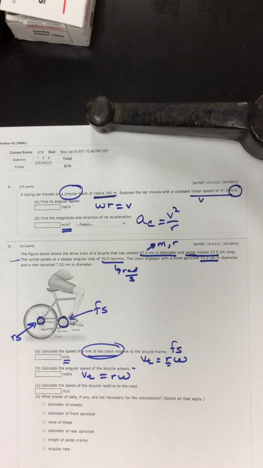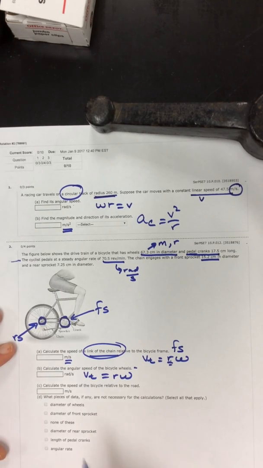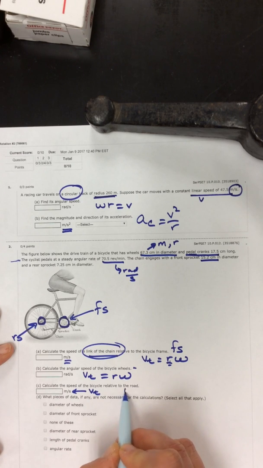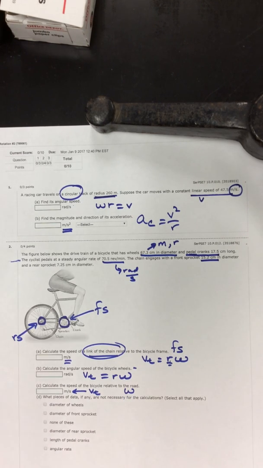Part C is calculate the speed of the bicycle relative to the road. Okay, and again, take a look at what you're dealing with in terms of units. This is meters per second. So we are looking for a tangential velocity here. Again, we're going to use something from previously, right? Part B has got an angular velocity. That is the actual back wheel, the big back wheel there.